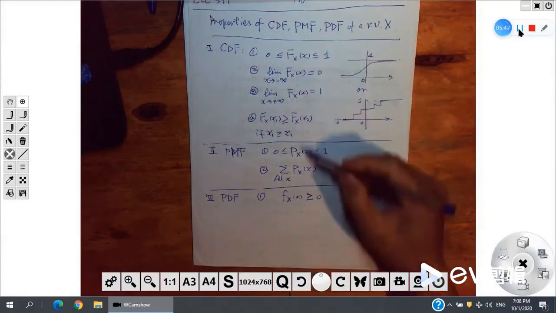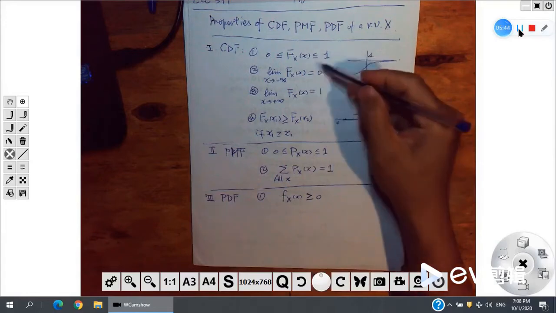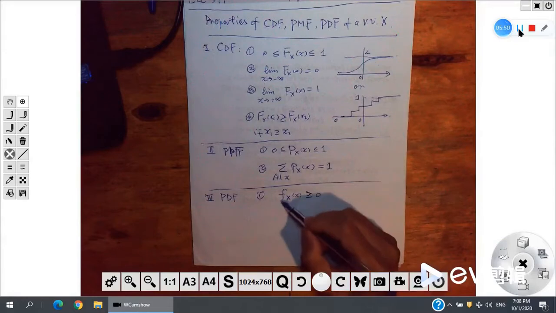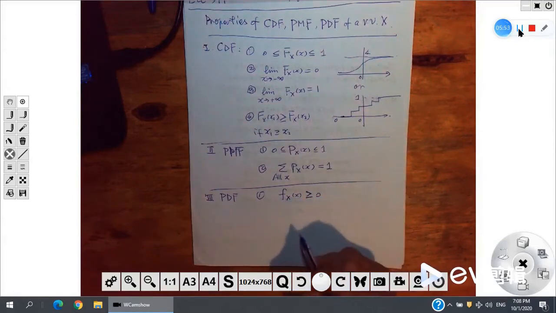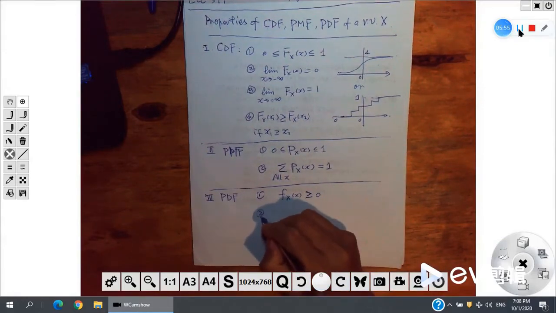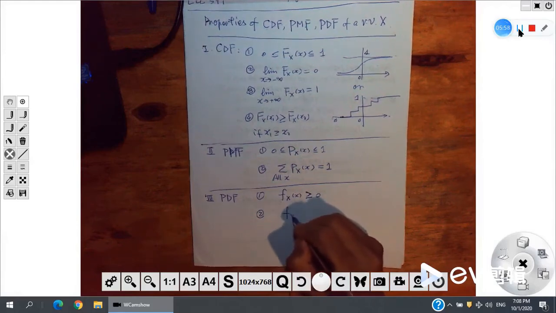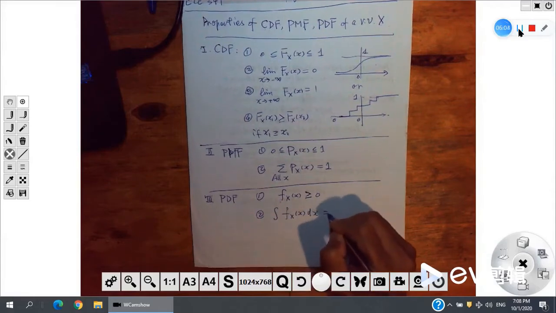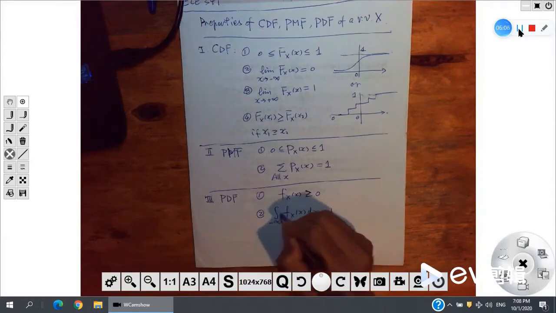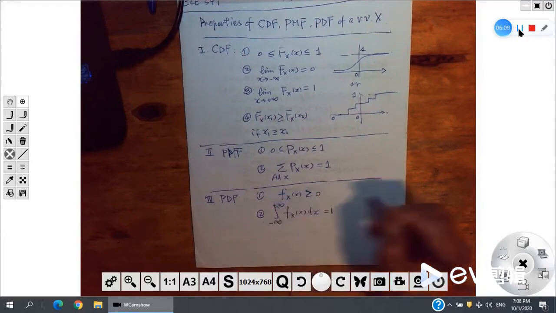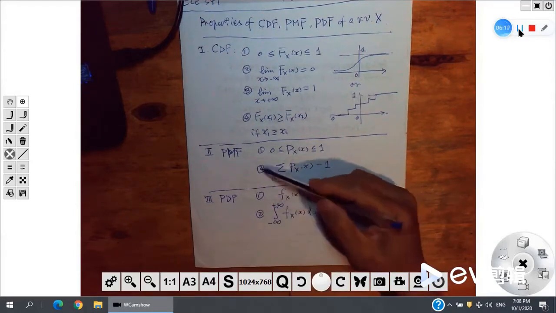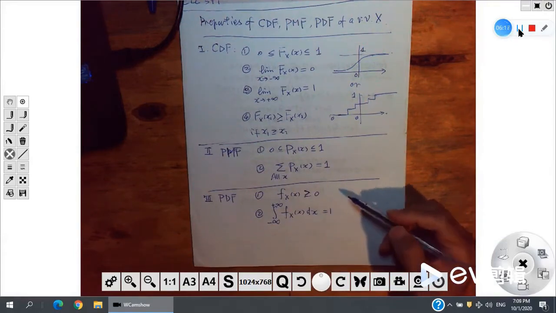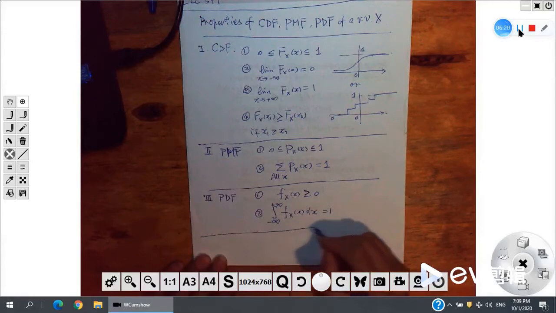For CDF and PMF, both have values no more than 1, but for PDF, we do not have that. And the second property of the density function is that we do the integral and it will be 1, over all x, running from negative to positive infinity. Similar to the second property of PMF, just here it's the integral instead of the summation. Alright, so we have these properties.